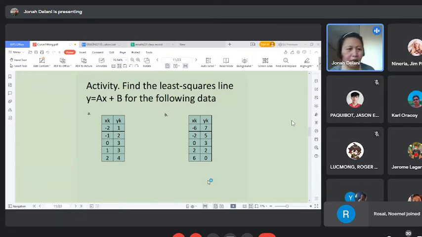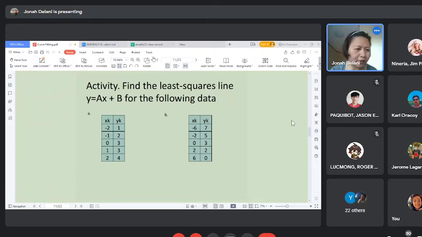I have shared a whiteboard frame. So for example, as I have shown there, find the least square line y equals ax plus b for the following data.